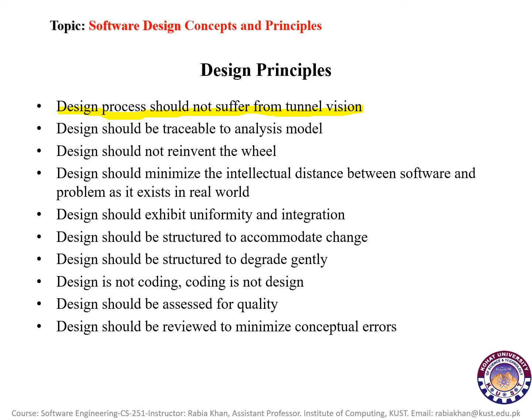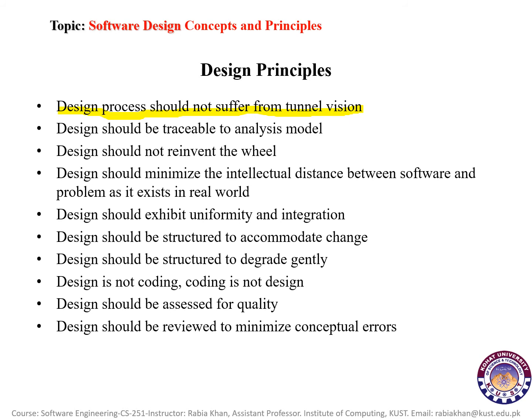So a good designer generally keeps different alternative approaches to design a software, keeping in view different factors such as the resources he has in hand and the problems of the customer, which we have collected in the previous phase.